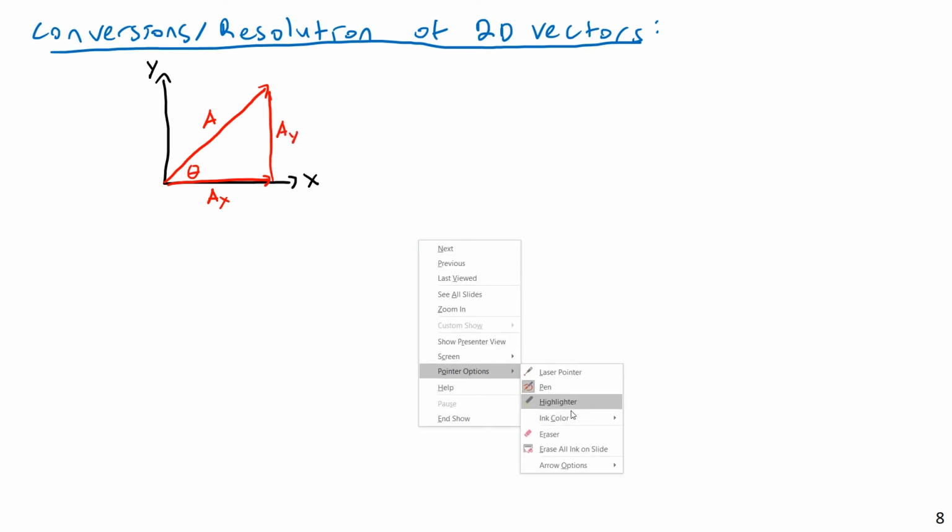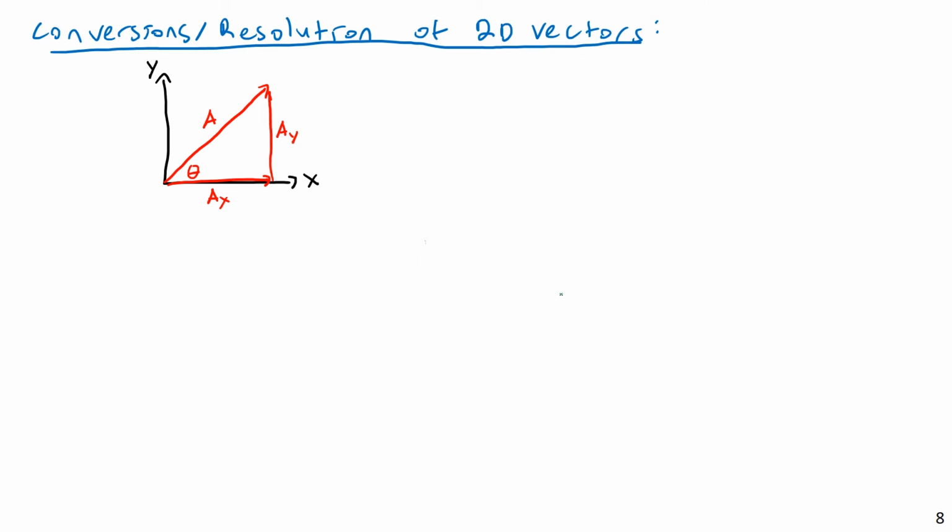And then let's look at the two different cases of converting from polar to rectangular or rectangular to polar. So let's look at polar to rectangular.